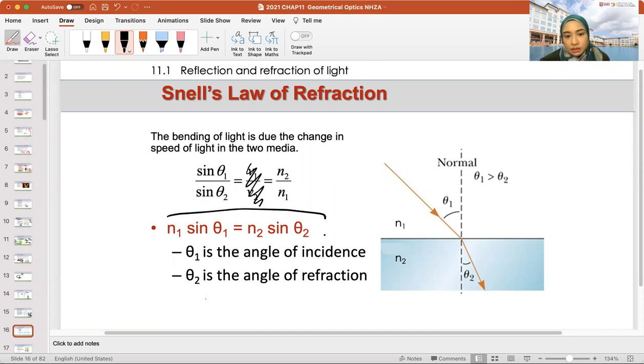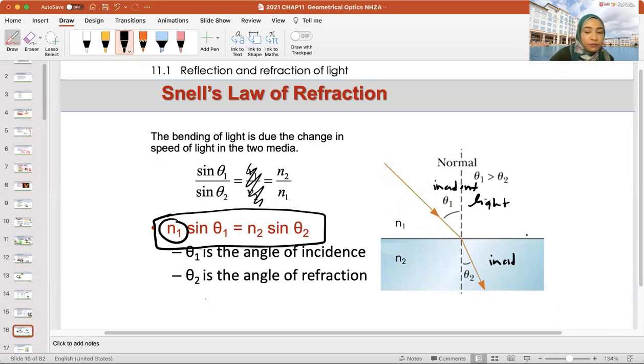I think this is a basic equation that you already know, because the speed of light is different in these two mediums. So theta 1 is the angle of incidence and theta 2 is the angle of refraction. N1 is your index of refraction in medium 1. This is your incident light. Dia kena match incident light. And N2 will refer to your refracted light.